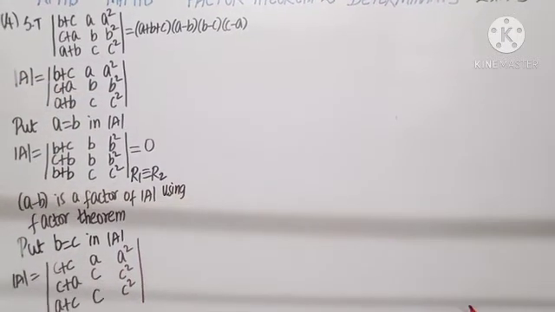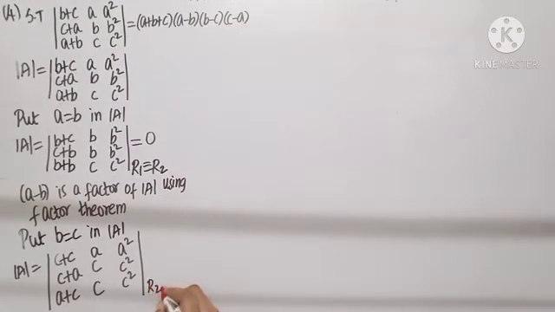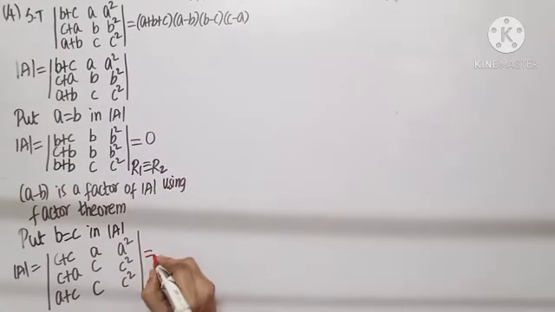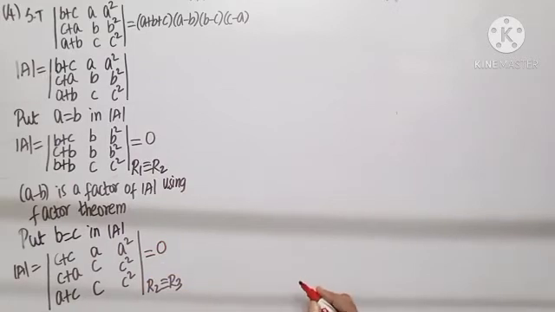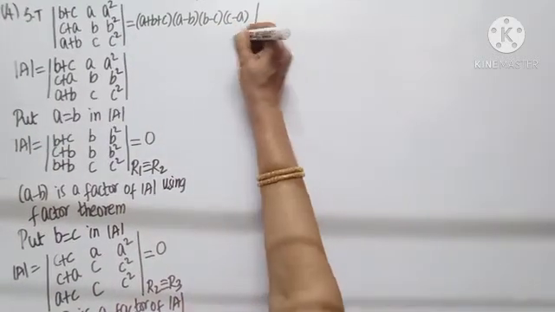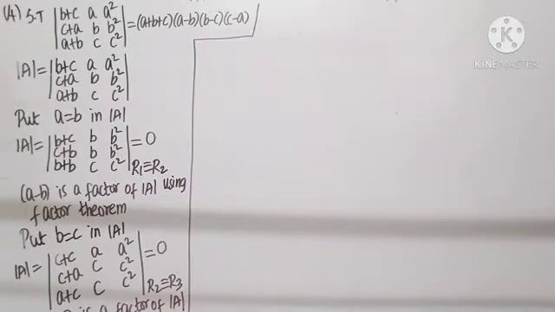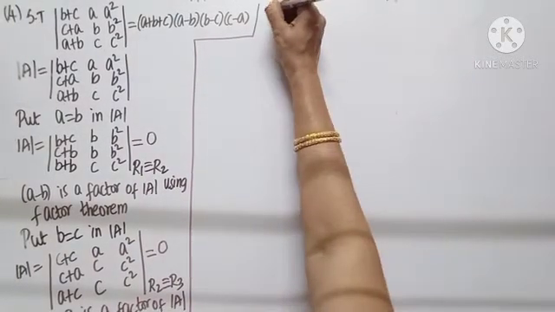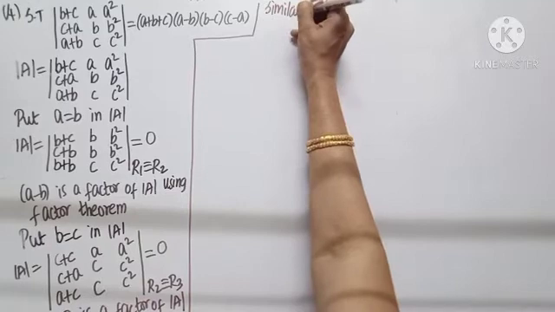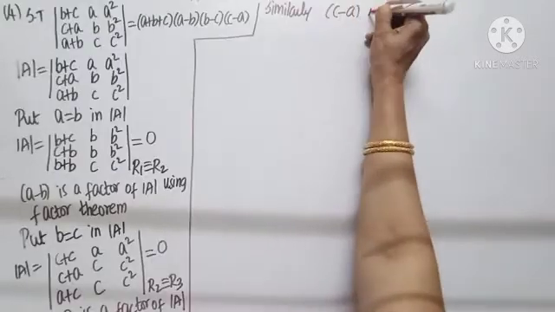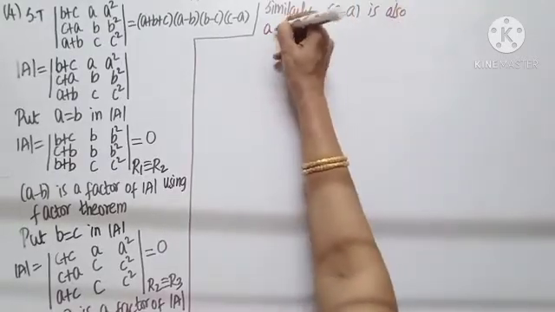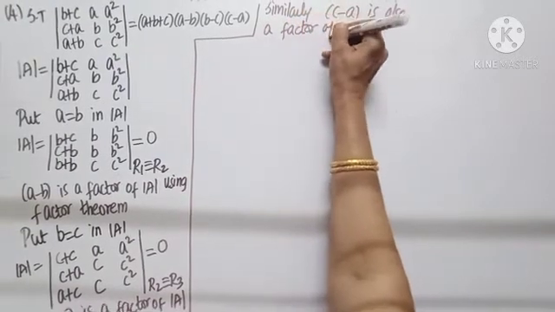Again, I can check R2 and R3 are identical. So this is also 0. Therefore, I can declare B minus C is a factor of determinant A using the factor theorem. As I have proved A minus B and B minus C, I can very well use similarly that C minus A is also a factor of the determinant A.